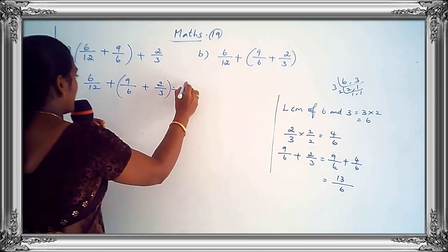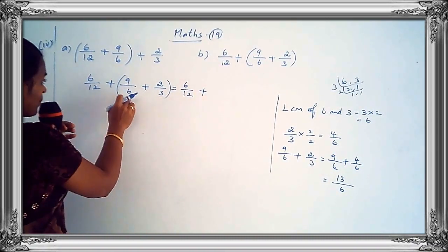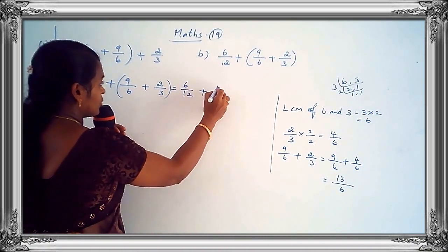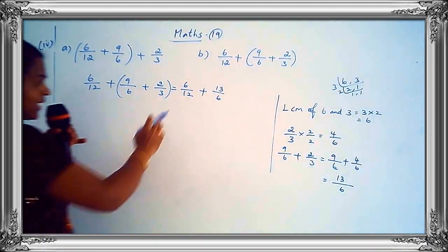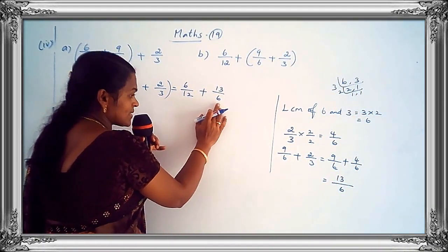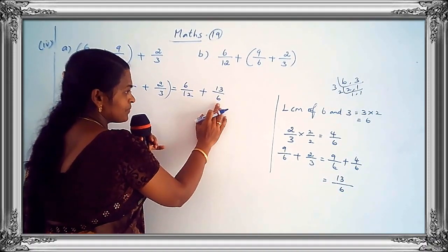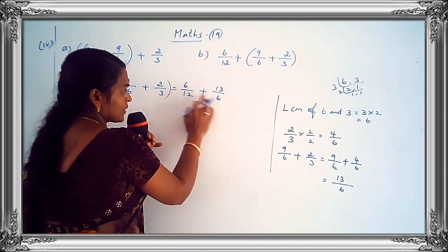Okay children, so now you apply the value. Already here 6 upon 12 plus the value of 9 upon 6 plus 2 upon 3 is equal to 13 upon 6. Clear? Yes. Now you take the LCM. The LCM of 12 and 6 is how much? 12 only.